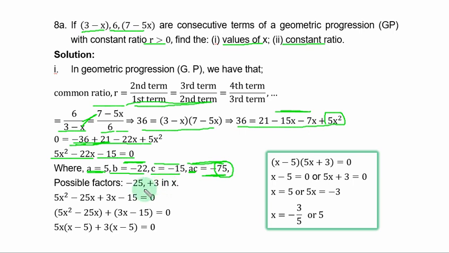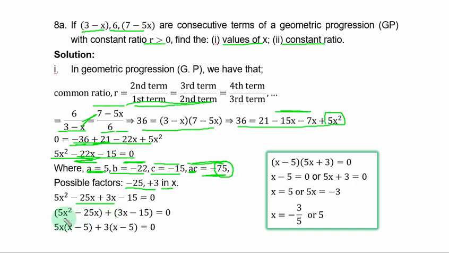Such factors are minus 25 and plus 3. You always express the given factors in s and use them to replace the middle term or second term in this form. The purpose is to get 4 terms so that you factorize by grouping.